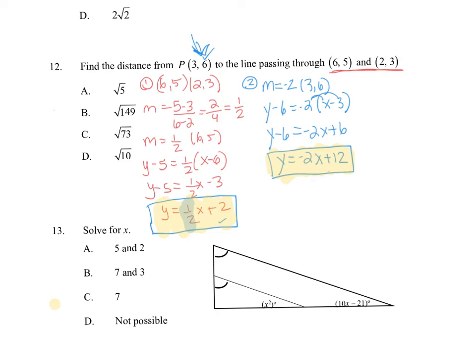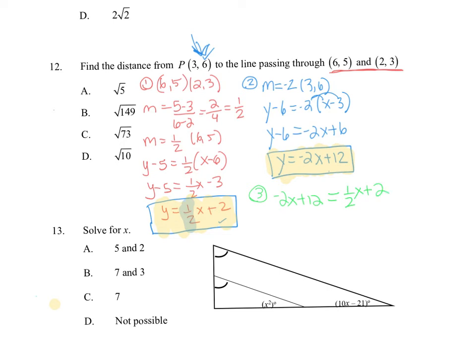So where do they cross over each other? For step 3, I'm going to set -2x plus 12 equal to 1/2 x plus 2.